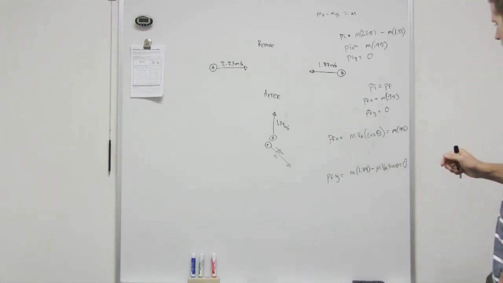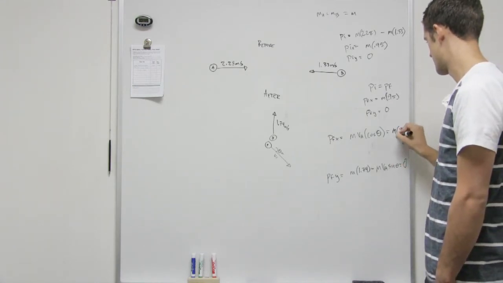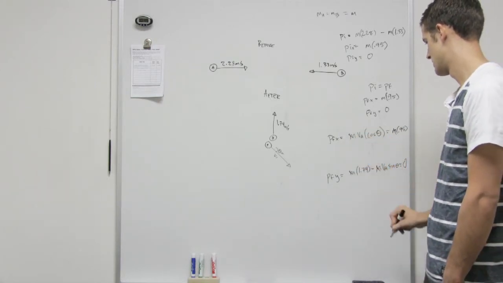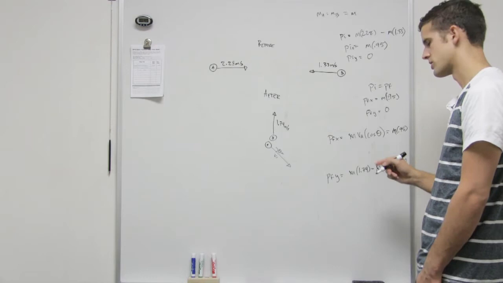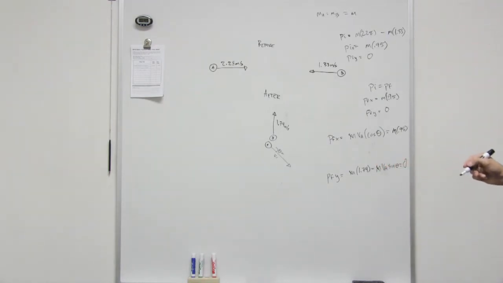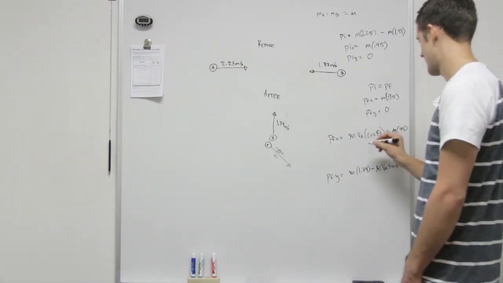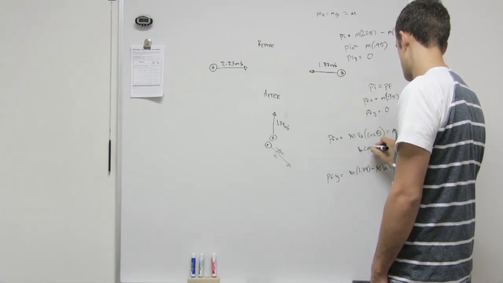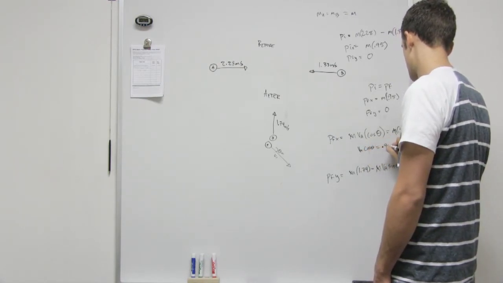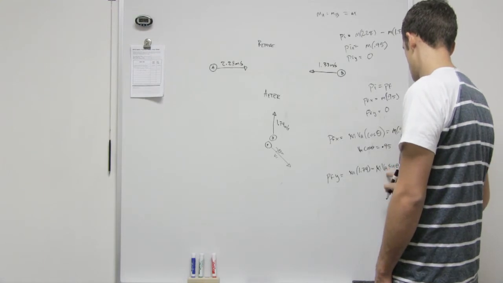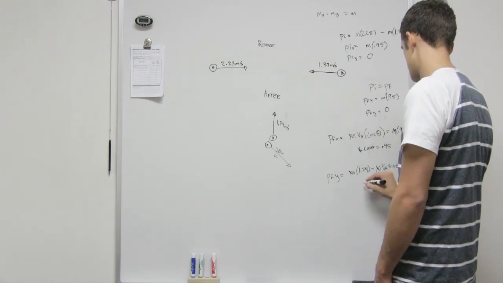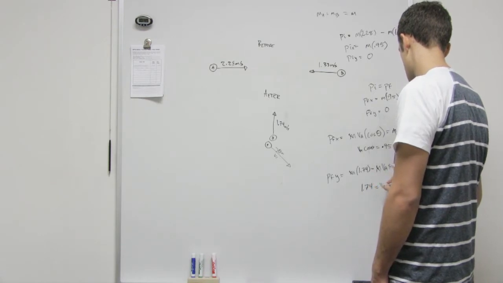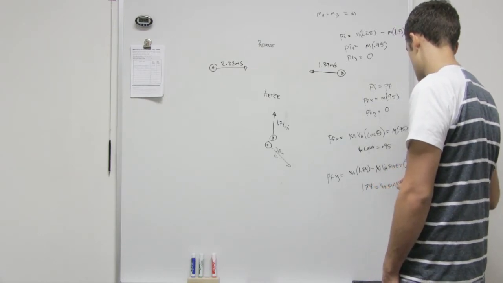The best thing about this is the masses all just cancel when you go to solve it. So then we have v_A cosine theta equals 0.95, and 1.74 equals v_A sine theta.